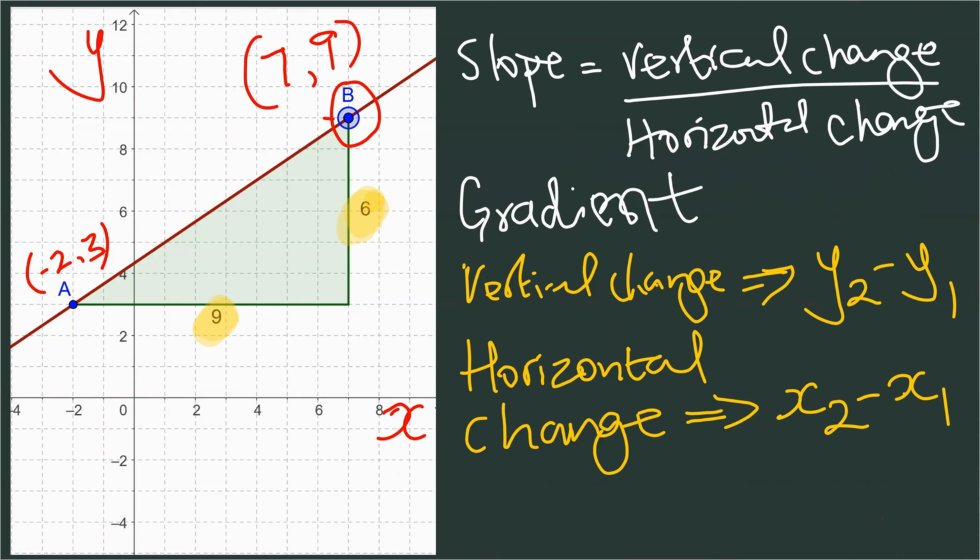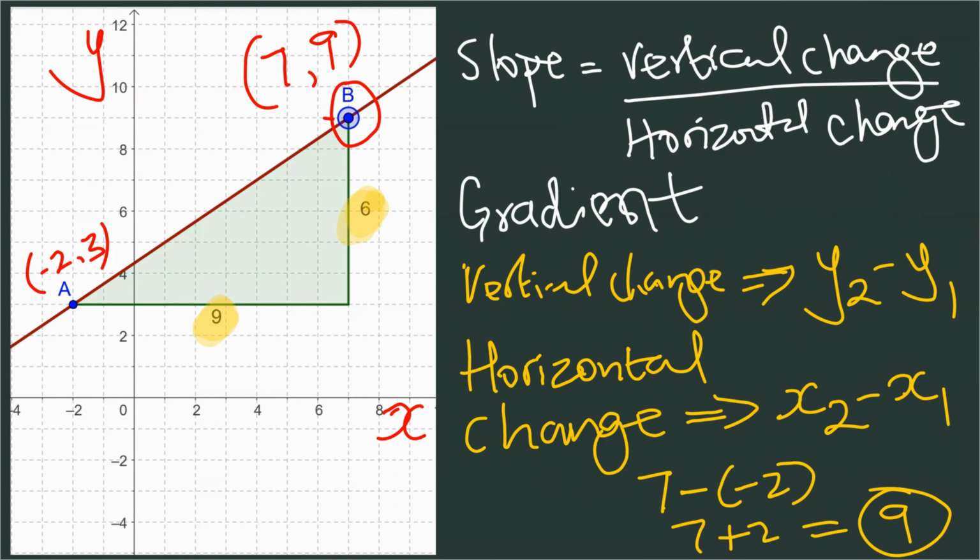In this graph, we subtract our x2, which is 7, minus our x1, which is -2, and we get 7 minus -2. When you subtract a minus, when you open the bracket, you get a plus. So we got 9. This 9 is what we have as the horizontal change in this graph.